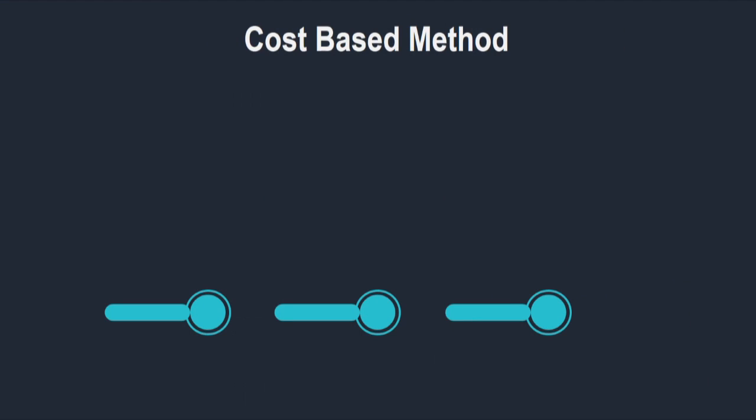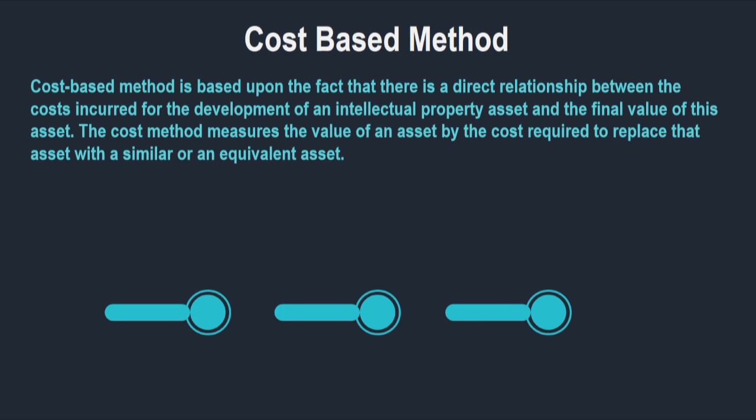Cost based method. Cost based method is based upon the fact that there is a direct relationship between the costs incurred for the development of an intellectual property asset and the final value of this asset. The cost based method measures the value of an asset by the cost required to replace that asset with a similar or an equivalent asset.